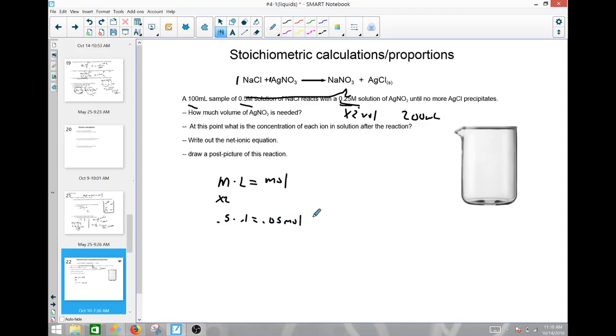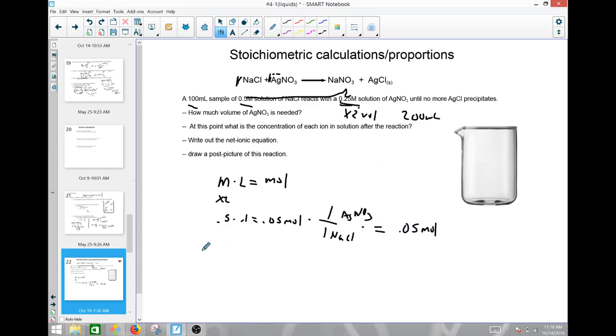Then in the reaction, for every 1 NaCl, I require 1 AgNO3. That's a stoichiometric ratio, a 1-to-1 ratio of NaCl to AgNO3. And this means I need 0.05 moles of AgNO3.